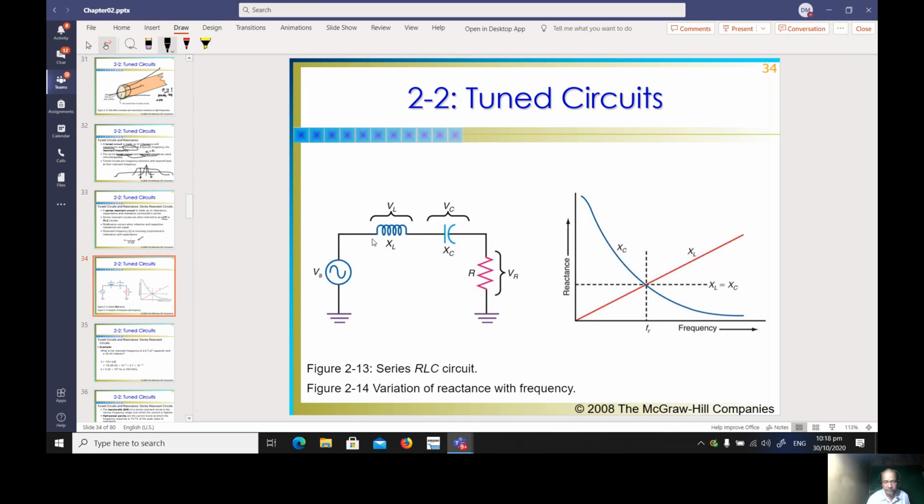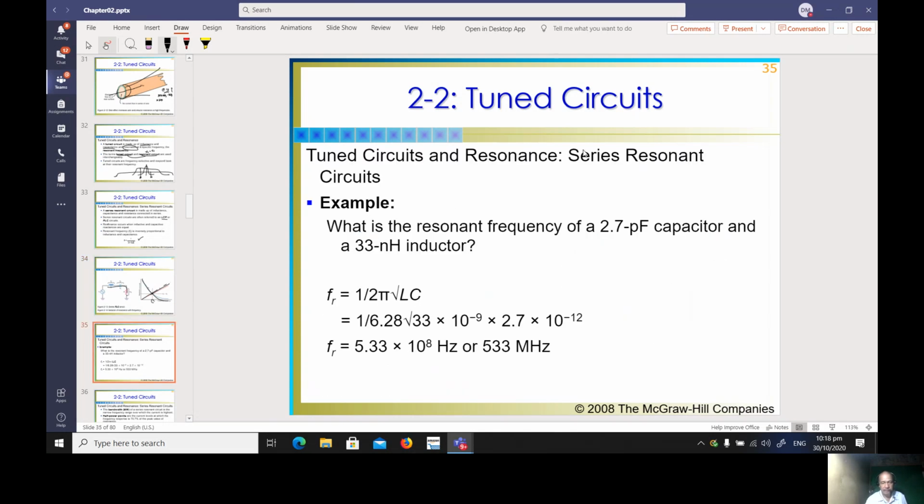So series resonance circuits, and they will meet at this point. Ito yung XC, ito yung XL. Their common intersection will be this, and that is your resonance frequency.